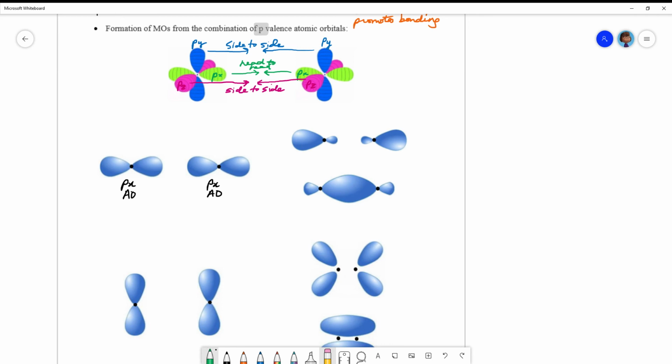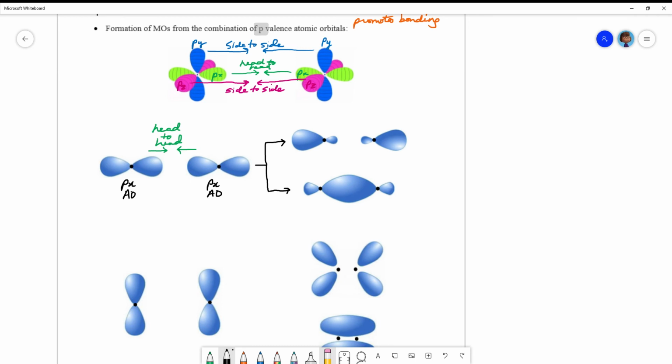Let's note that these two orbitals are approaching each other head to head. They approach each other head to head, and they're going to either combine constructively or destructively. As a result, we end up with two new molecular orbitals. One here and one here.